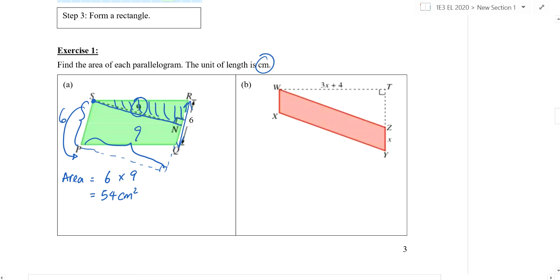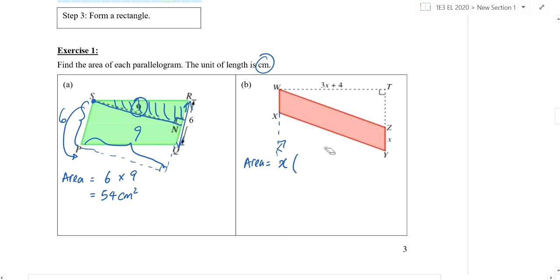Next example, again a parallelogram area. We use ZY that is given as the base, so x multiplied by the perpendicular height. So similar to a triangle, the perpendicular height may not fall within the parallelogram, so it may be tempting for us to find out this perpendicular height, which is fine if we were to extend this line, and here we have the perpendicular height.